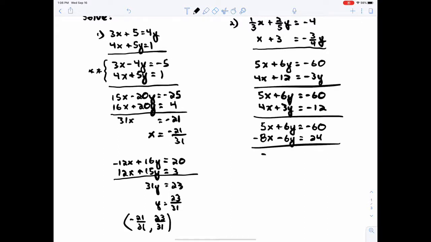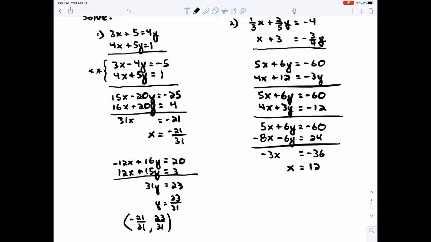Okay, so that's going to give me, when I add them together, negative 3x equals negative 36, and x equals 12. Now, at this point, I'm not going to go back and do addition again. It's fine if you do, by the way. But 12 is a fairly easy number to plug in.